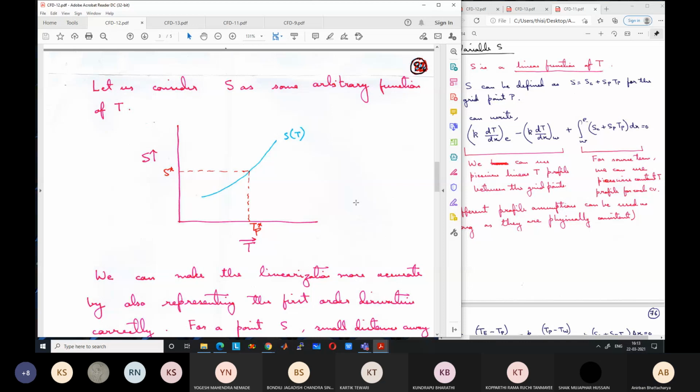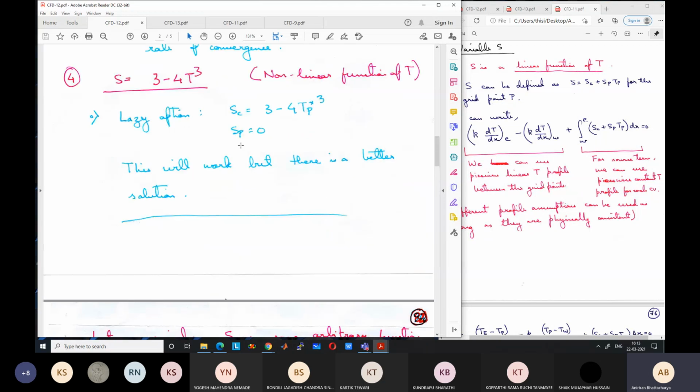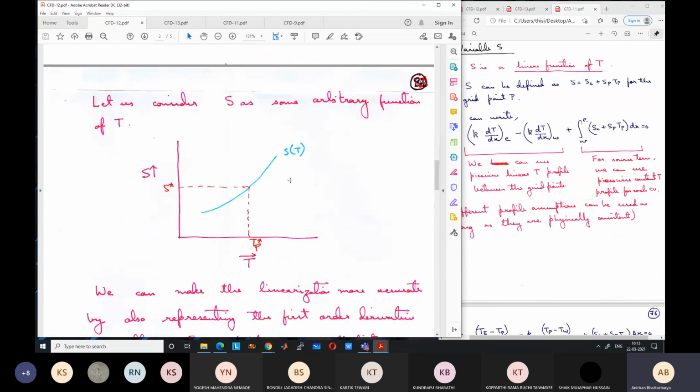What we were initially doing is, at any other temperature T also, we are taking S to be equal to whatever is the S value at Tp star. Maybe it is better to draw something.